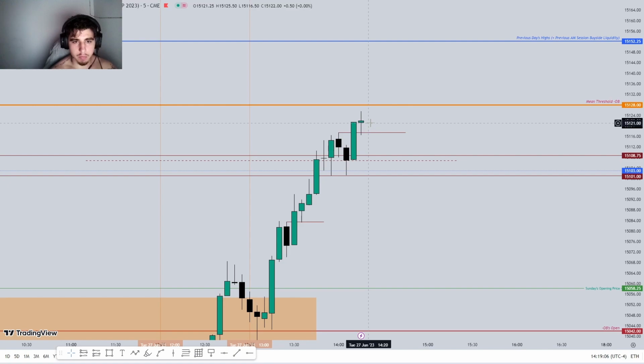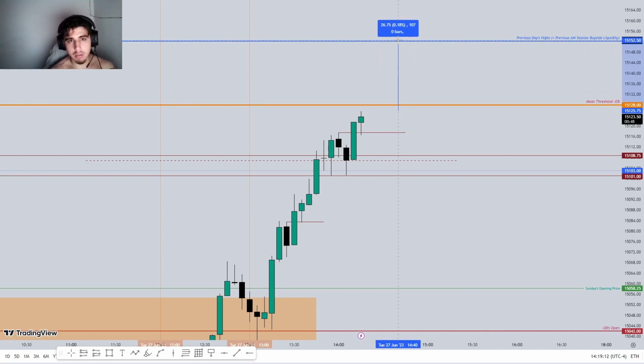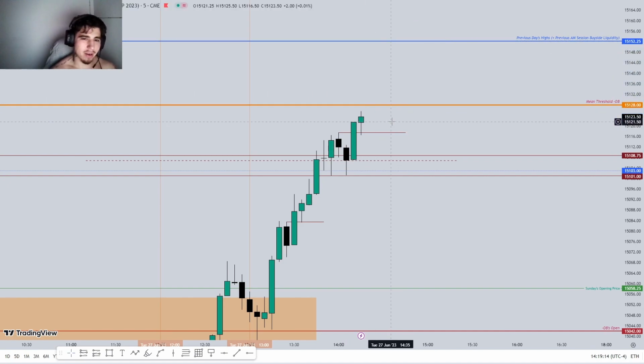Next candle opens and then goes higher with speed. This is how much? 26 points. I don't know about that, but through this level the next candle is eventually going to take it, or this one too.